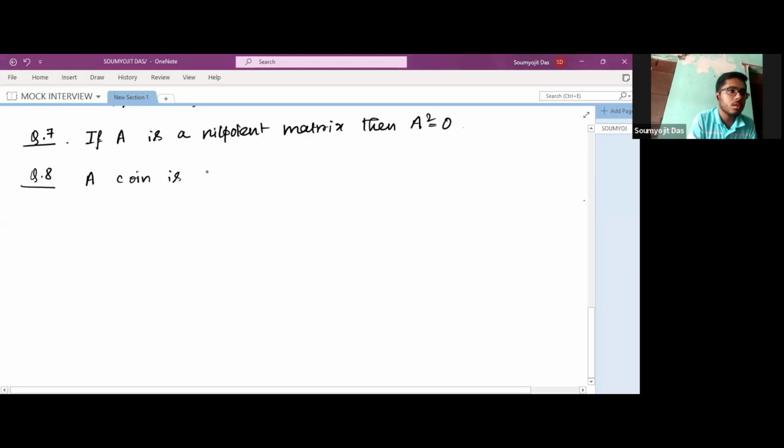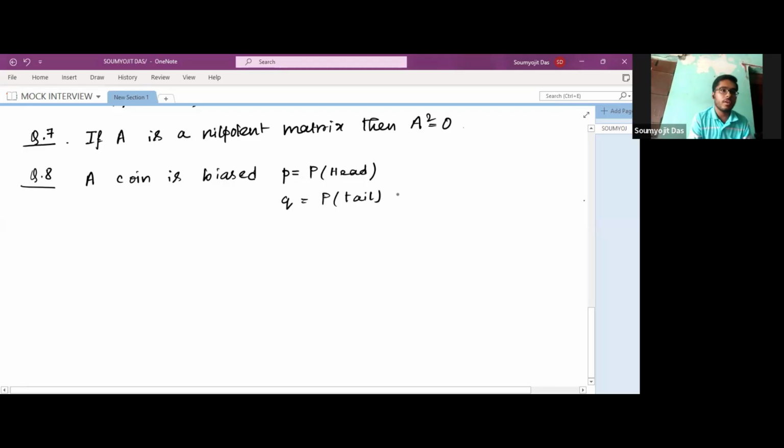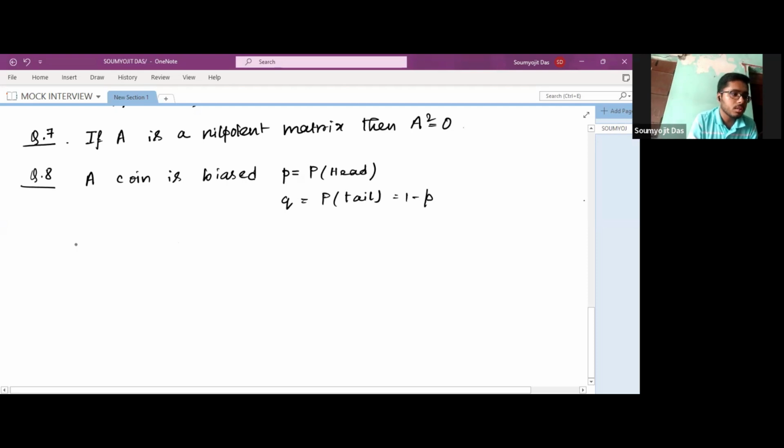If we say the coin is biased, and we consider P as the probability of head and Q as the probability of tail, where Q equals 1 minus P. If we toss the coin 2 times, we get the sample space HH, HT, TH, and TT.